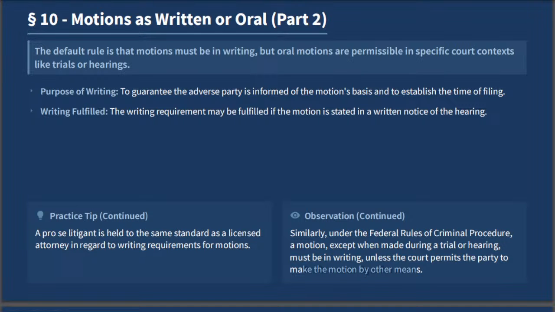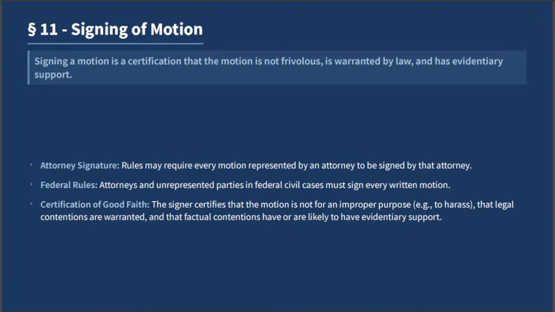Interesting one there. And we're on to the signing of motion. Signing a motion is certification that the motion is not frivolous, is warranted by law, and has evidentiary support. Remember, it's not evidence, but it has evidentiary support, so it's not frivolous. The attorney's signature. Rules require every motion represented by an attorney be signed by that attorney. Federal rules.